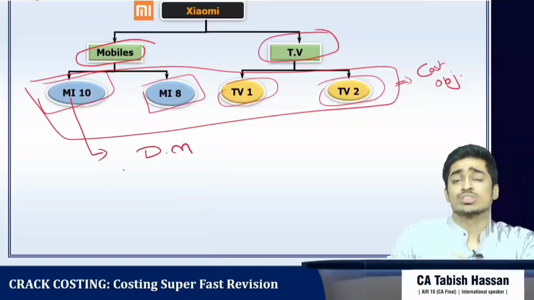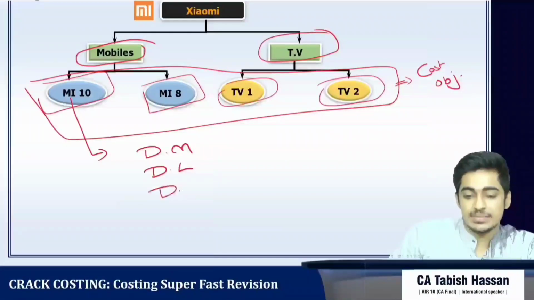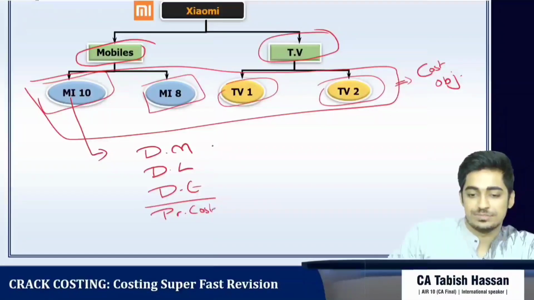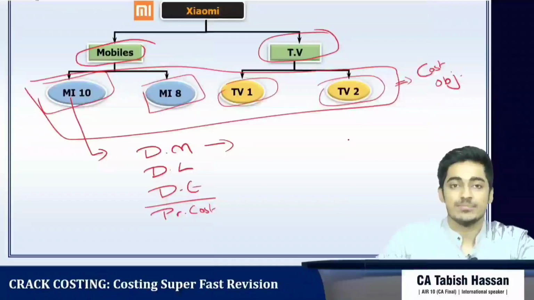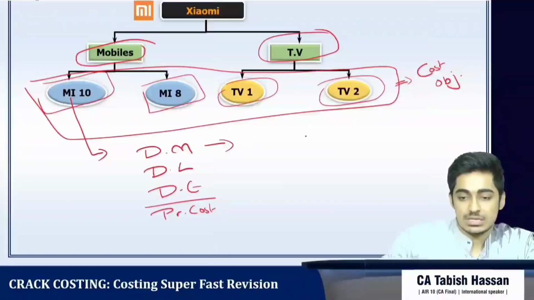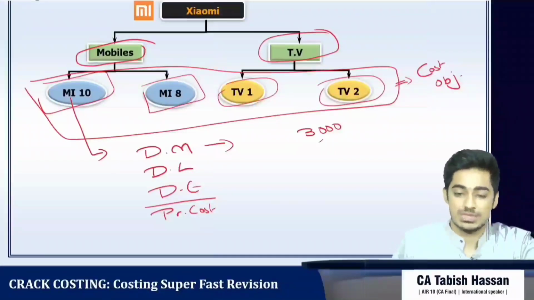So what all constitutes cost of MI10? We've got direct material, direct labor, direct expenses. This gives us the prime cost. Direct material. We have glass, we have got RAM, we've got chips. So all these things together, say for example, comes to 3,000 rupees.